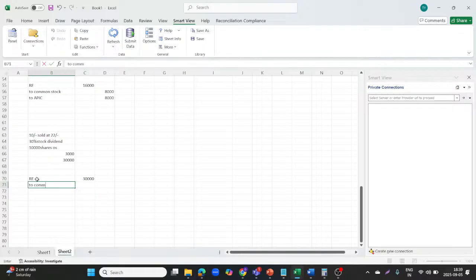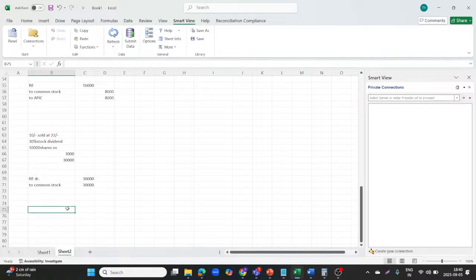To common stock account credit, which will also be recorded at 30,000, that is at par. Earlier this was the declaration of stock dividend.